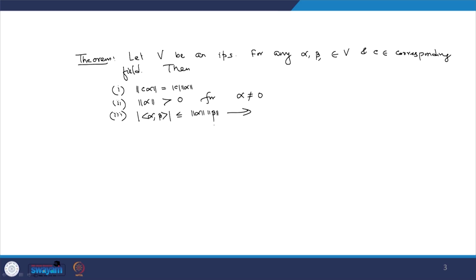This is called the Cauchy-Schwarz inequality. Fourth, norm of alpha plus beta is less than or equal to norm of alpha plus norm of beta. This is called the triangular inequality.